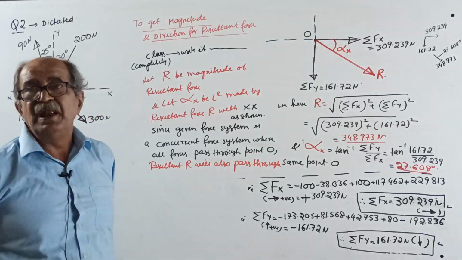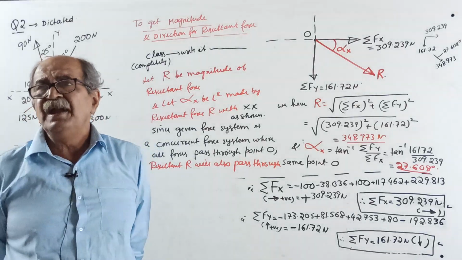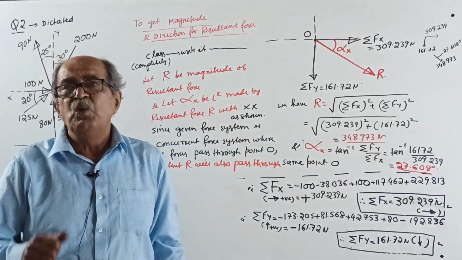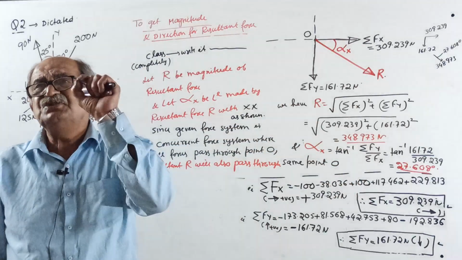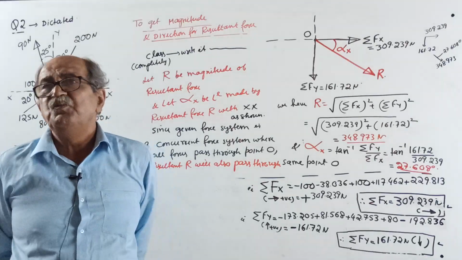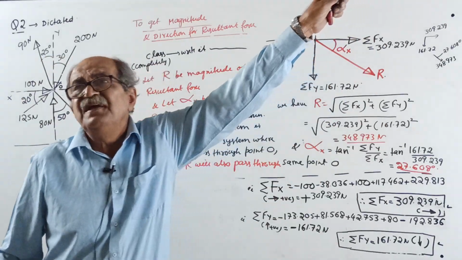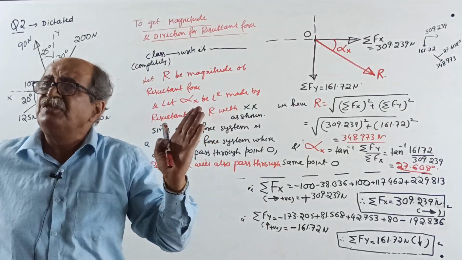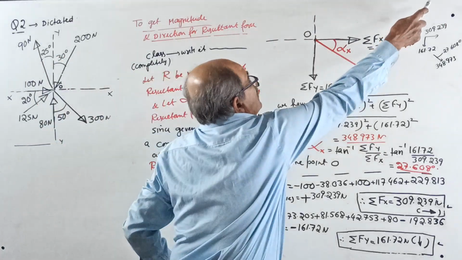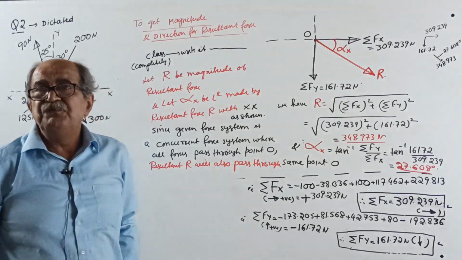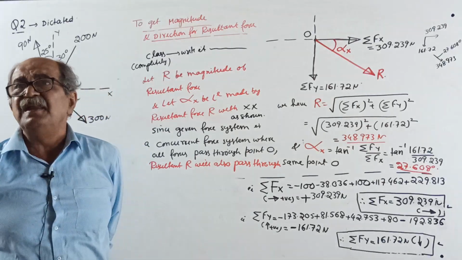First of all, to locate the line of action, I will learn it later when I go to coplanar. What you require is just one point which lies in its line of action. The resultant line is of infinite length, with no limit, and there are infinite points in a line.